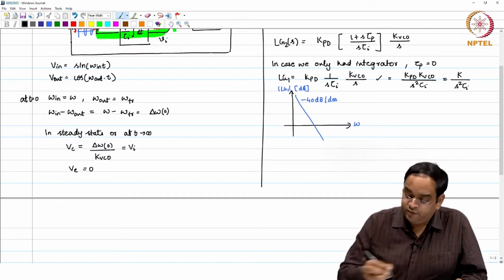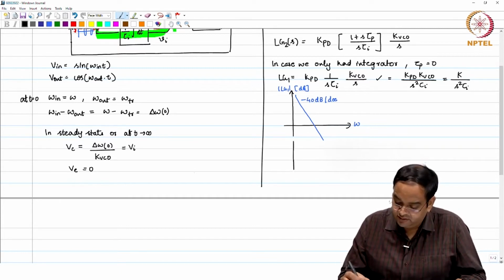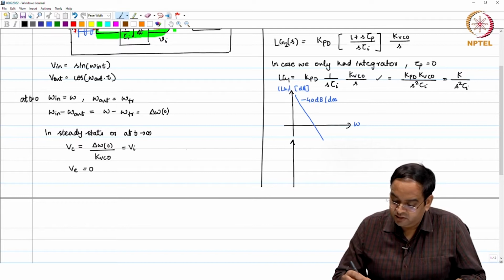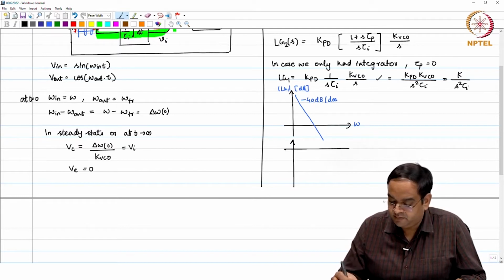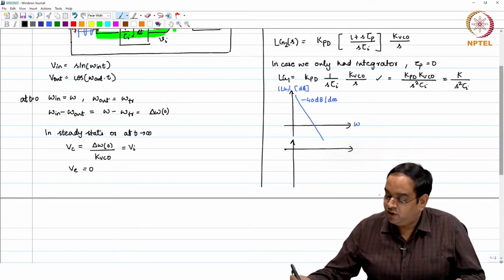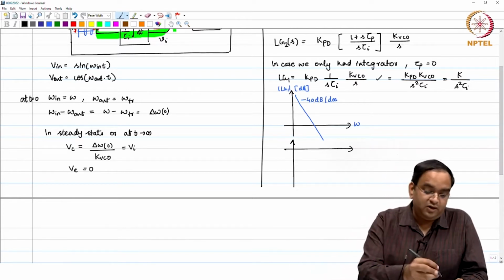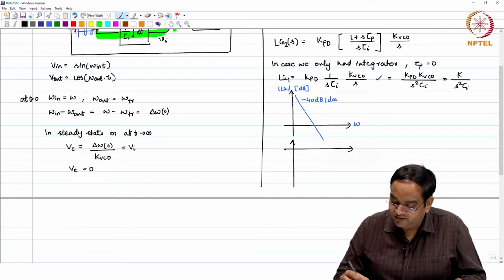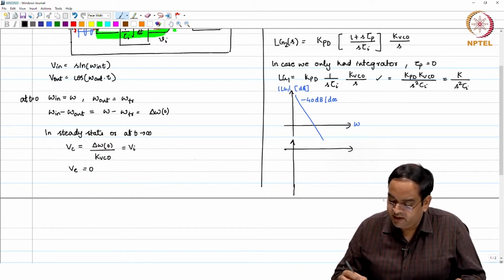The corresponding phase for the same loop gain: if you look at the phase of this particular loop gain, what you have is always minus 180 degree.